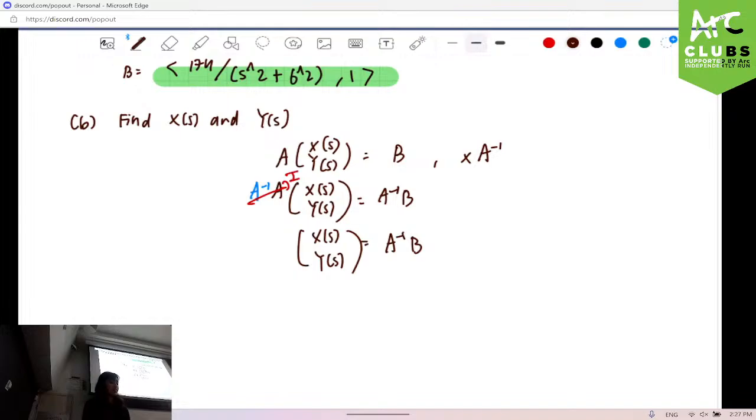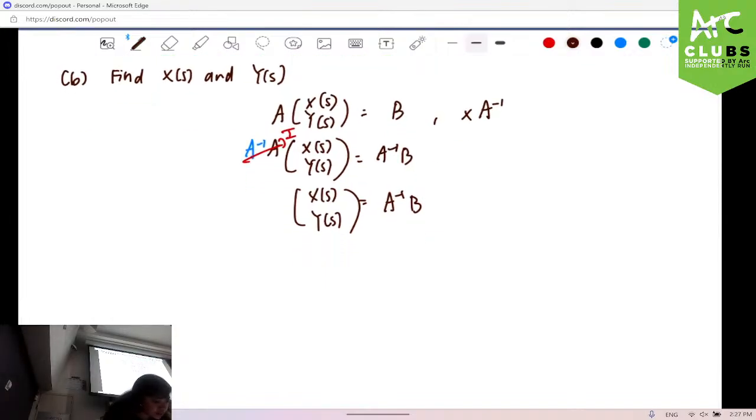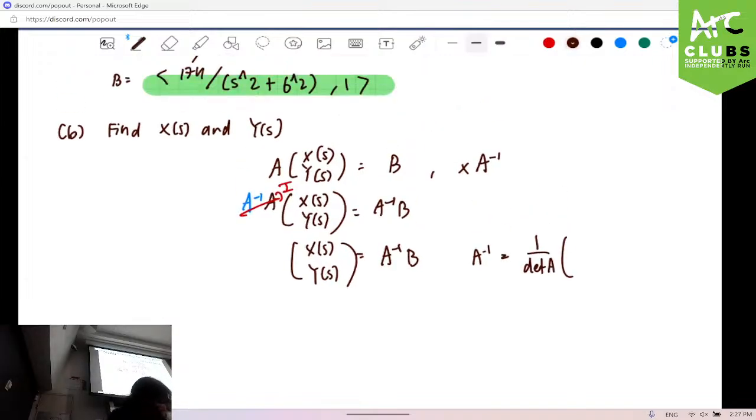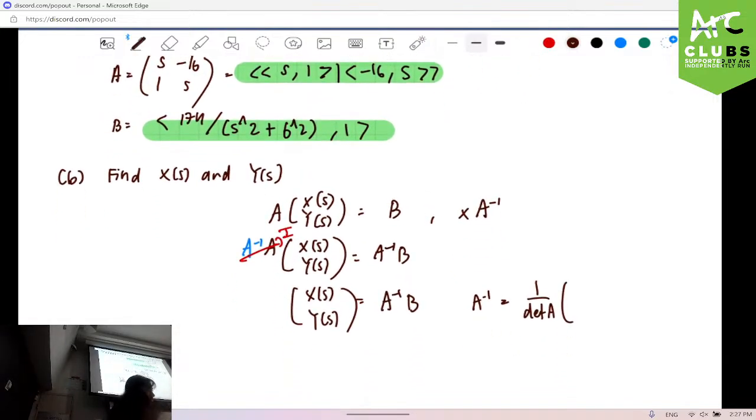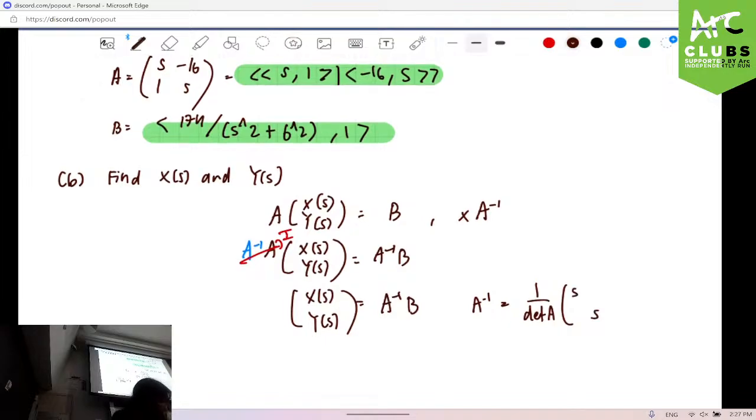So using the previous seminar, we would know how to find A inverse. A inverse is just 1 over the determinant of A, and the s entries flip, and because it's the same it doesn't look like it flips, and then we multiply these by minus 1.